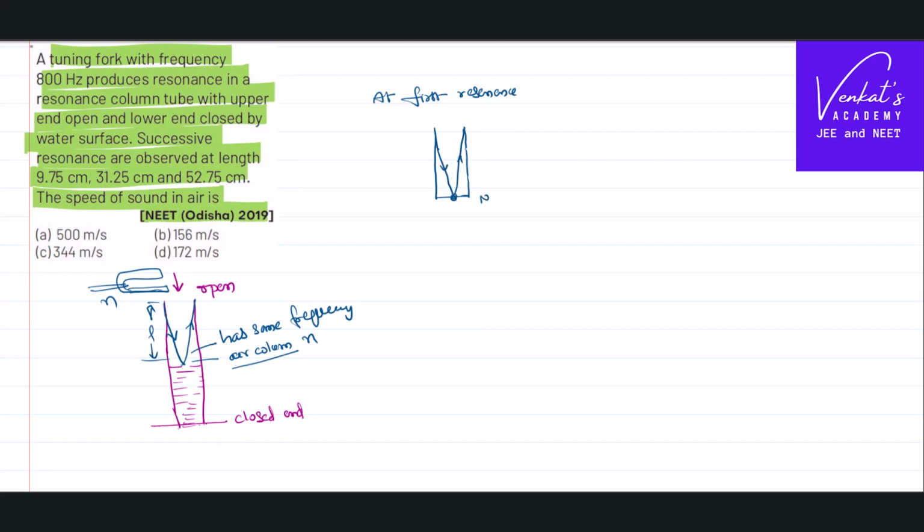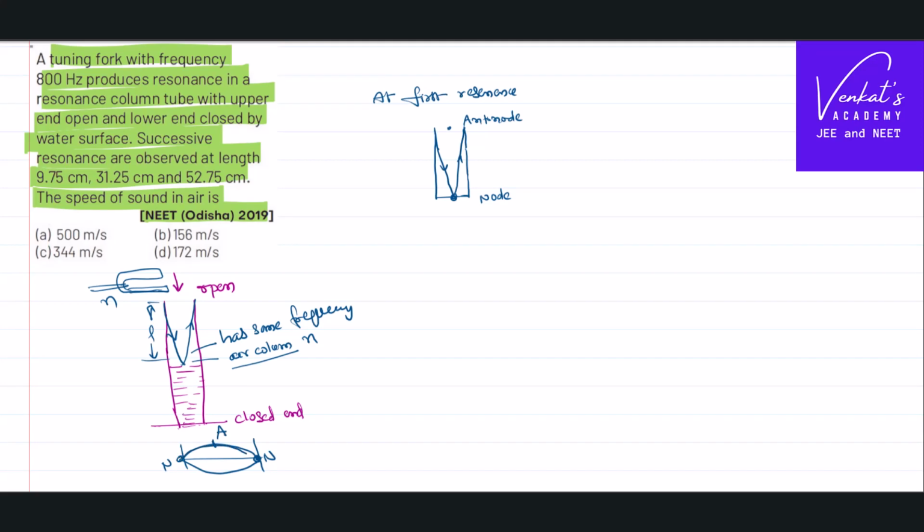This is the formation of a node, and this is the formation of an antinode. In a stretched string, stationary waves are formed. The points where displacement is minimum are called nodes, and the points where displacement is maximum are called antinodes.